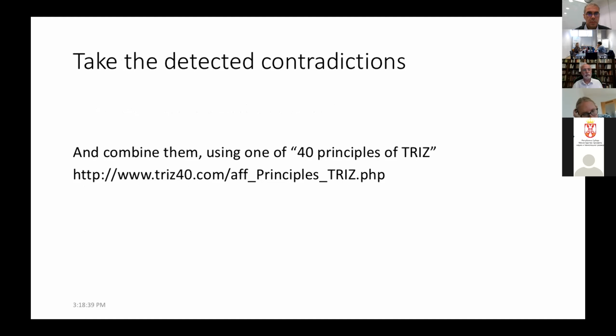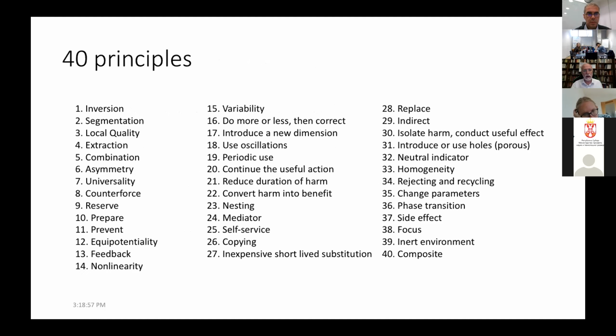And use the 40 principles of TRIZ. You can Google it. These are those 40 principles. The most important one is inversion, go backwards. And use them to combine those resources and to resolve those contradictions.